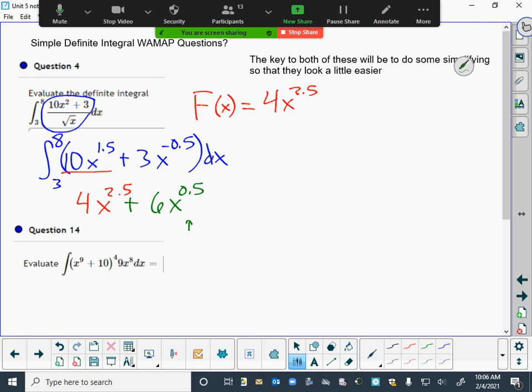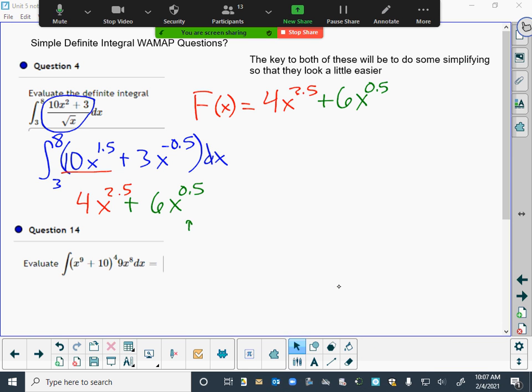So the derivative of 6x to the 0.5 is 3x to the negative 0.5. So an antiderivative of 10x squared plus 3 over the square root of x is 4x to the 2.5 plus 6x to the 0.5.